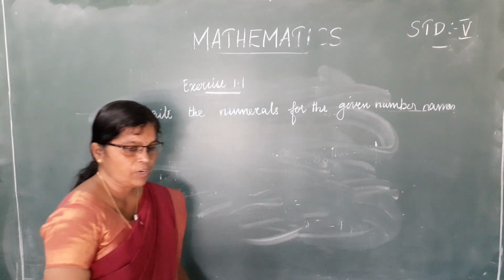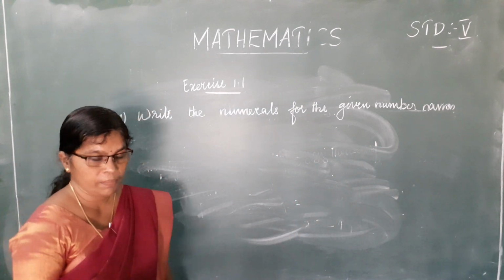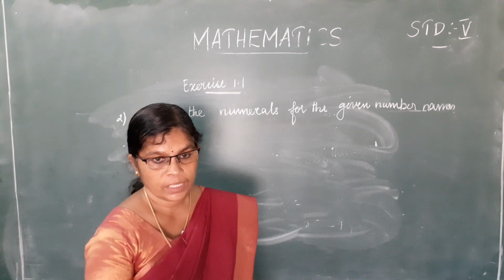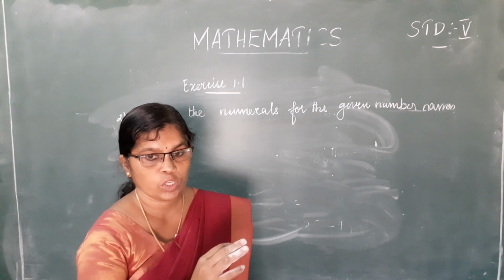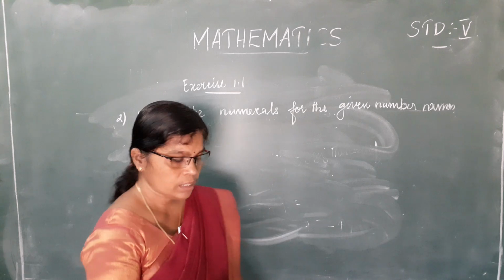Here number names are given, and we have to write the numeral. Numeral means you have to write in numbers instead of words. You have to use the digits and write.